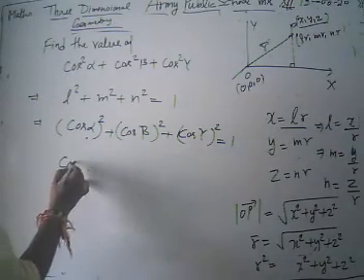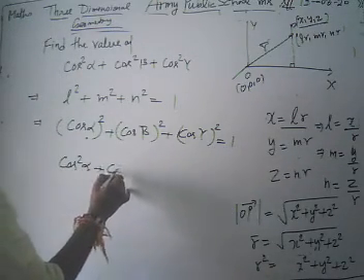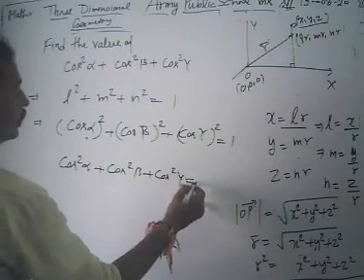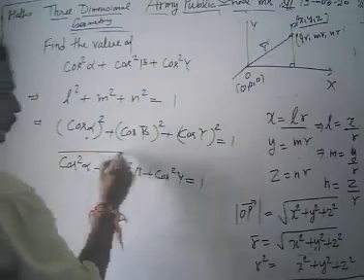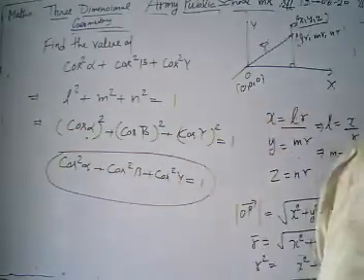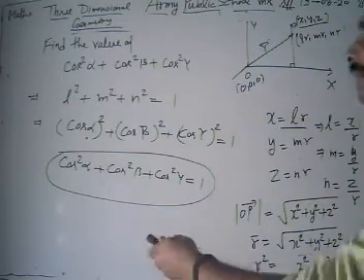Then cos square alpha plus cos square beta plus cos square gamma is equal to 1. This is our first proof.